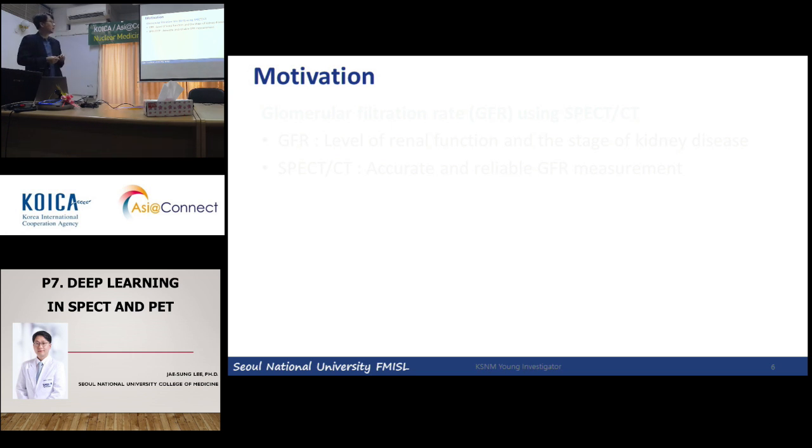We can improve the quantitative accuracy in the calculation of GFR by applying this technique. But as I told you, it takes about 15 minutes to draw volumes of interest on both kidneys. At Bundang Hospital our residents are doing the job, but their complaint level is really high because it takes too long.